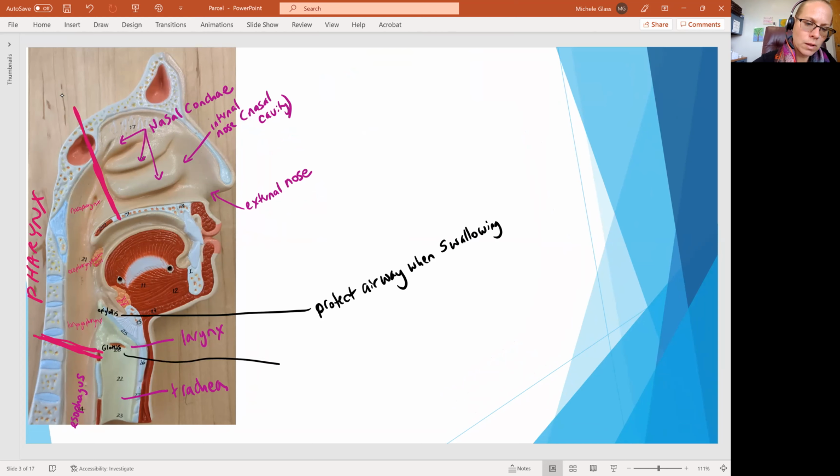And then we have the glottis, which is the actual opening to the larynx. The larynx, remember, is the top of the trachea. It's also what we think of as our voice box, meaning that's where the vocal cords are located. And the trachea then I think is fine to call our main airway.